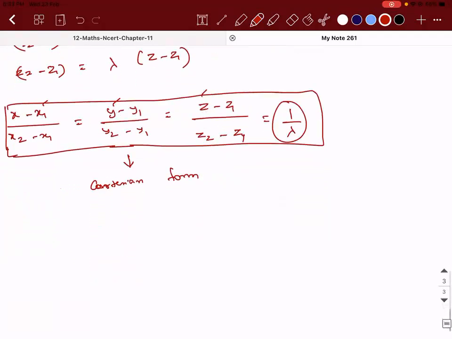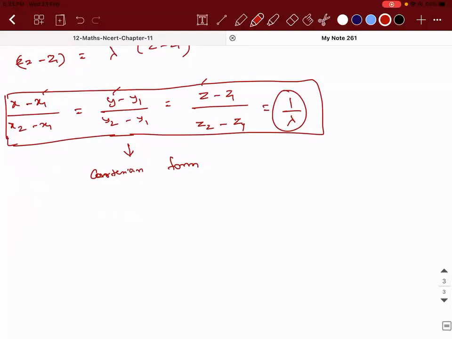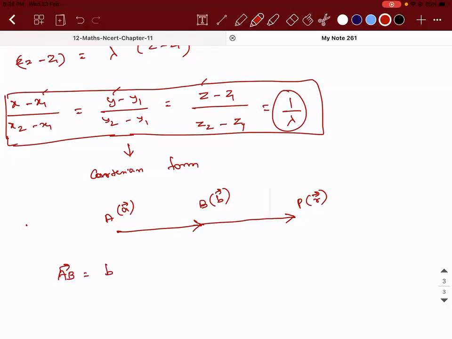Right. Now see, the points are in such a way that this is A, B, and P. The position vector of A is A bar, position vector of B is B bar, and position vector of P is R bar. So what is AB vector? From the concept of position vectors, we know that it is B vector minus A vector.